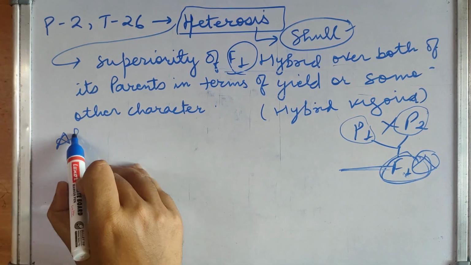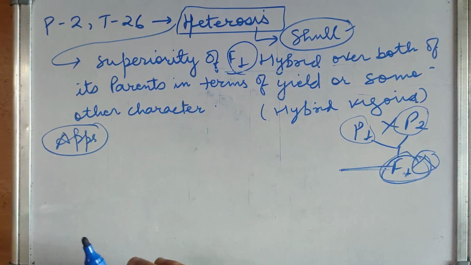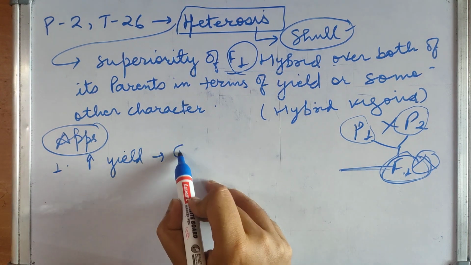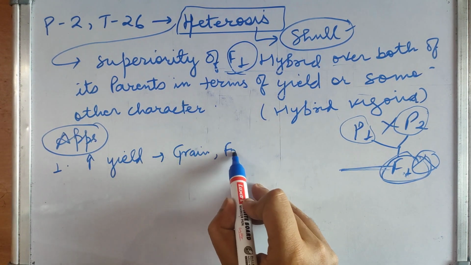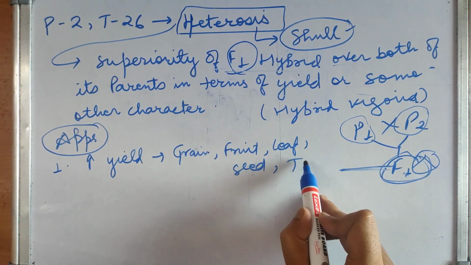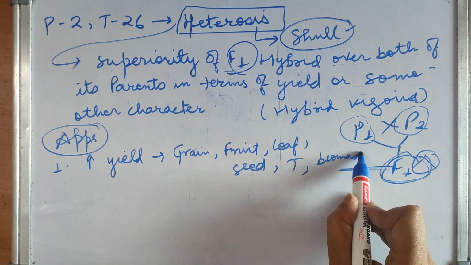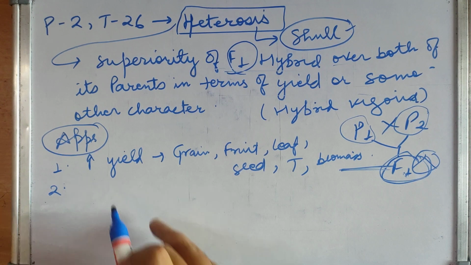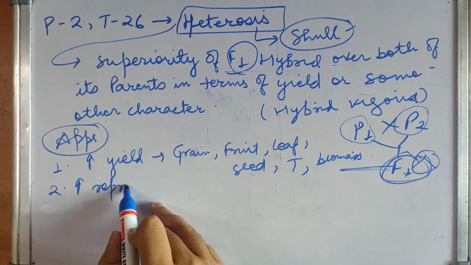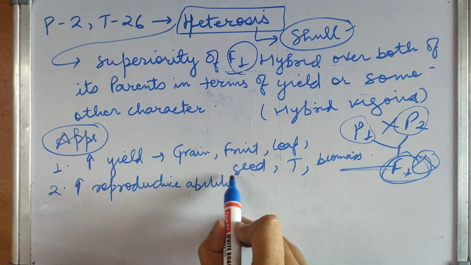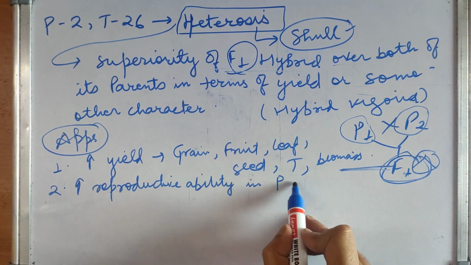What are the applications of heterosis? First of all, there will be increased yield: high yield of grain, fruit, leaf, seed, tuber, biomass, etc. Secondly, there will be increased reproductive ability, which can be seen in potato and sugarcane.